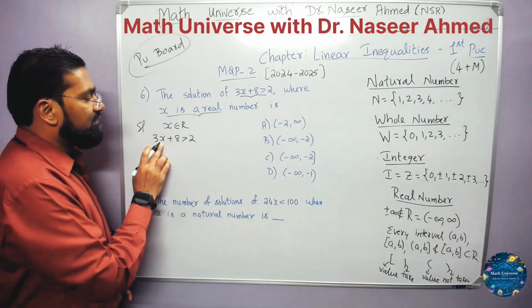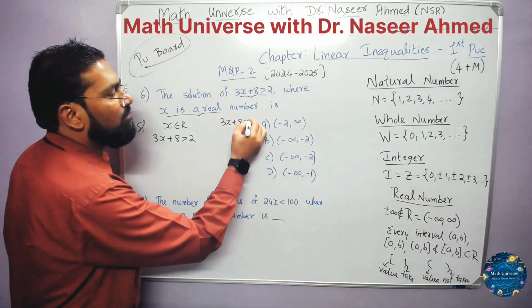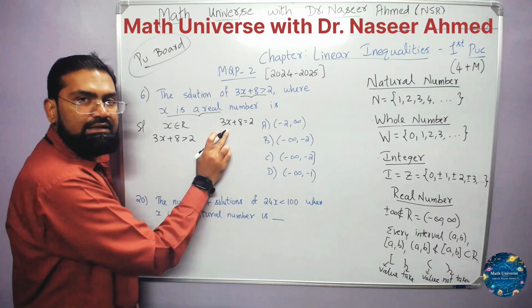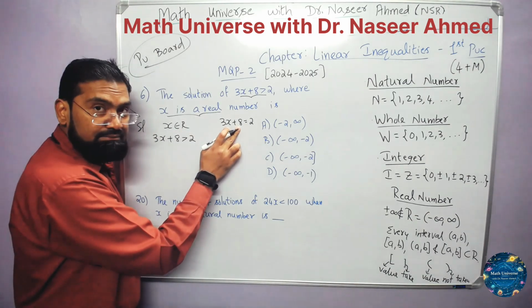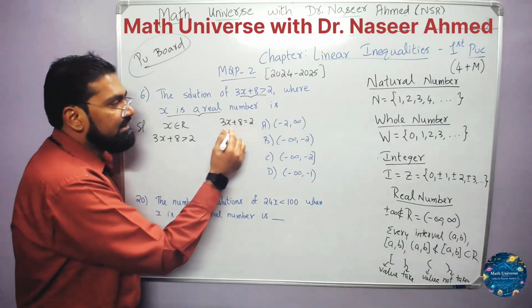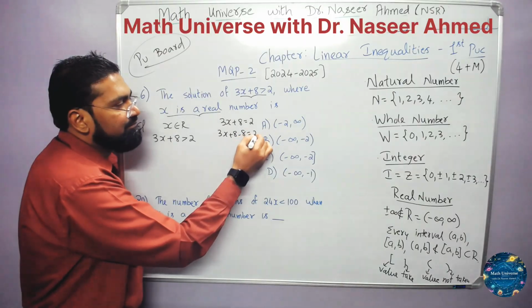First, don't forget, if this question was like this with equality, to solve for x, you could have transposed 8 to the other side, then divided by 3. Or the other way, you could have subtracted 8 on both sides.